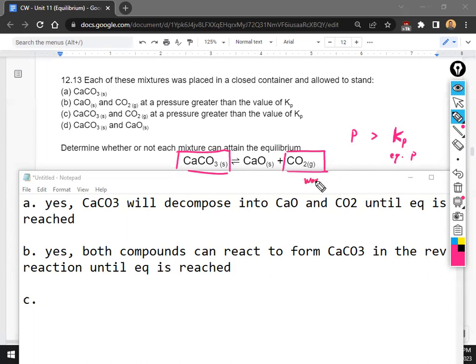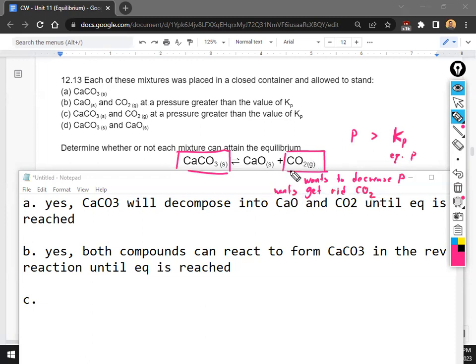The system wants to decrease in pressure. Now, there's only one gas in there. What's it gonna want to do with the gas? Does it want to make more of it or get rid of it? Yeah, it wants to get rid of CO2.